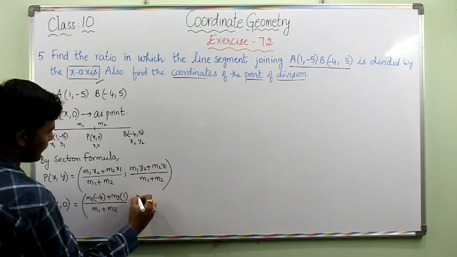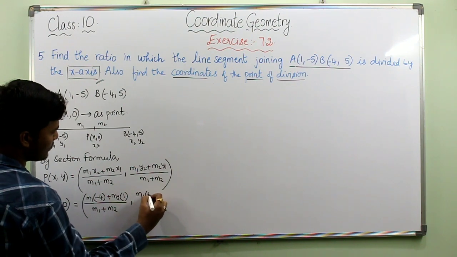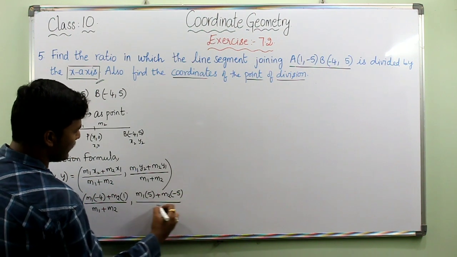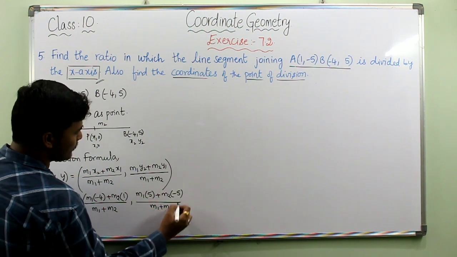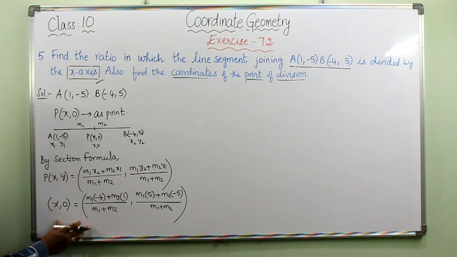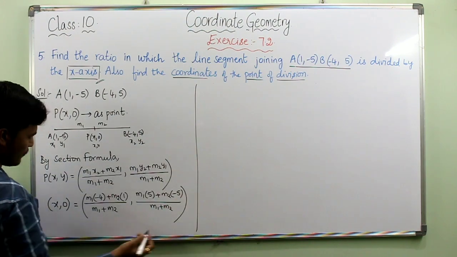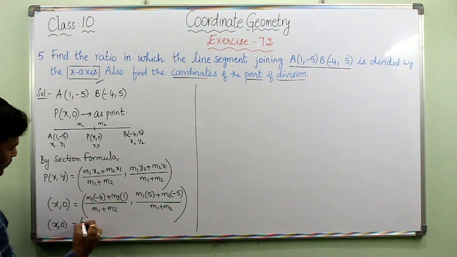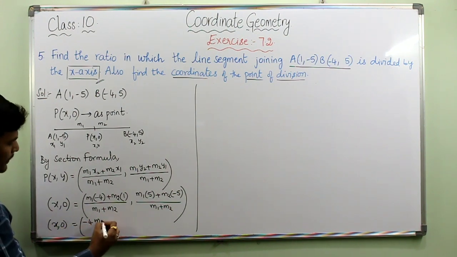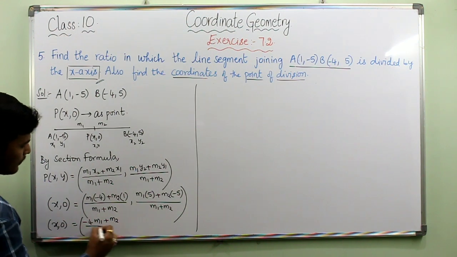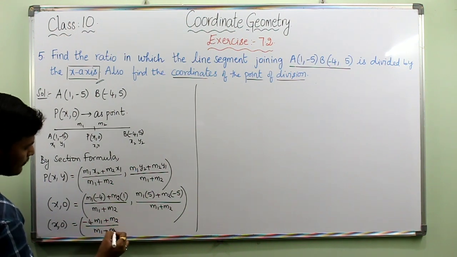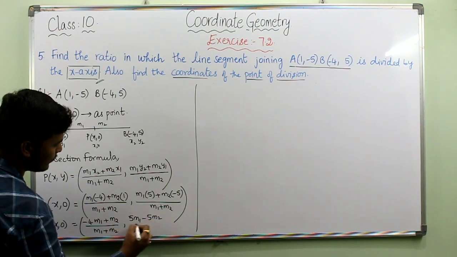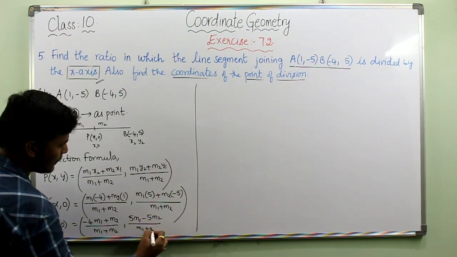Now the second one will be m1 into y2 is 5, plus m2 into -5, by m1 + m2. Now (x, 0) is equal to ((-4m1 + m2)/(m1 + m2), (5m1 - 5m2)/(m1 + m2)).